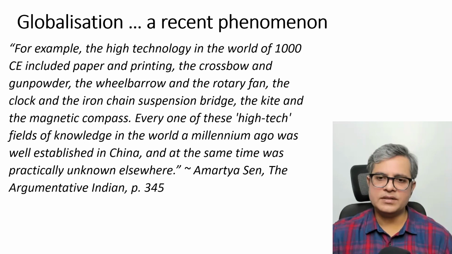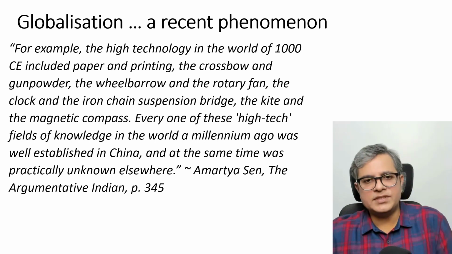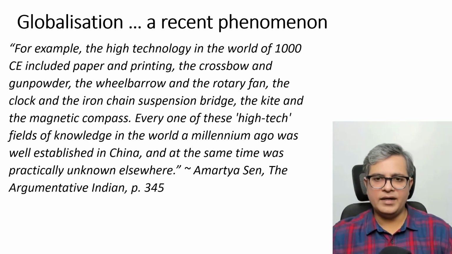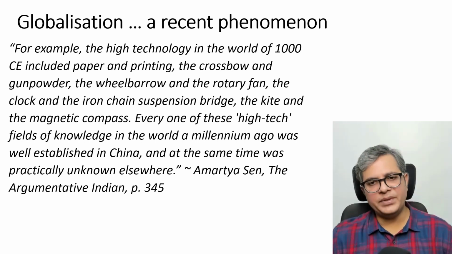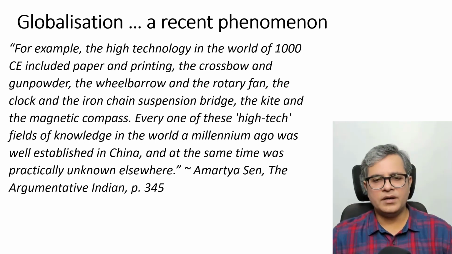So Amartya Sen succinctly argues that globalization is not a westernized concept. At some point of time it was flowing from east to west, and at some point of time it is flowing from west to east, but presently it is understood as a westernization. Dear friend, that is temporality for you. How we see time.